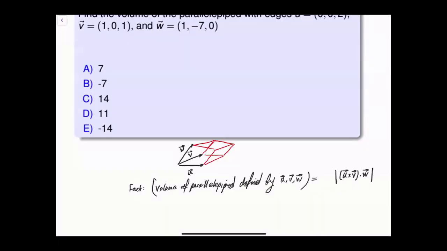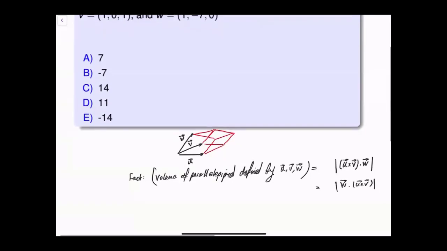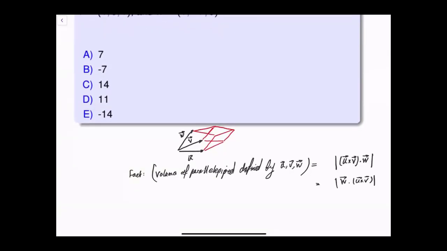While here, you may see different orders of this thing. For example, you may see V dot U cross V, W dot U cross V. That is the same number. You may actually choose any two vectors of these, first cross product, and then dot with the third one.